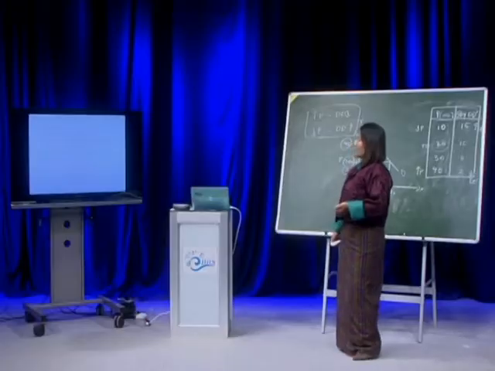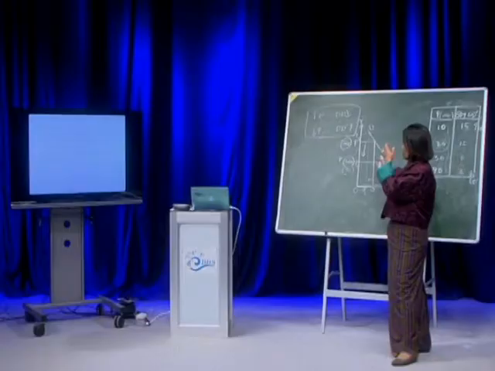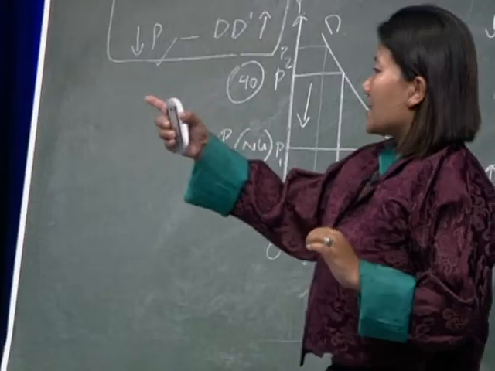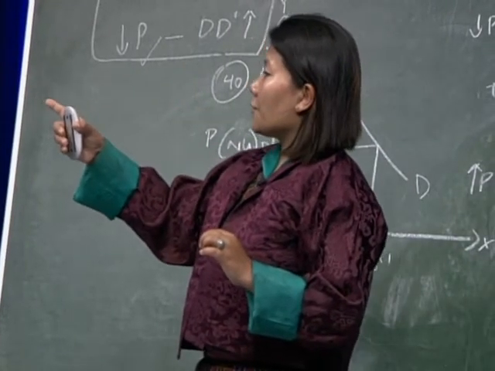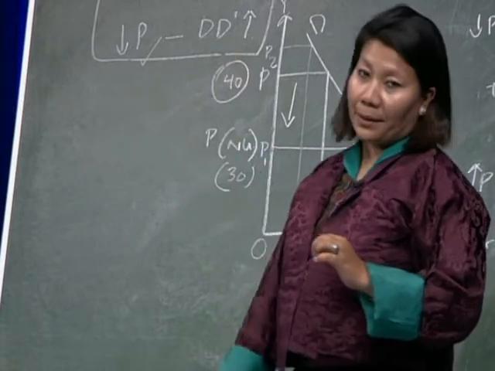It is based on the idea that as price rises, consumers replace more expensive items with cheaper substitutions or alternatives, assuming income doesn't change. So substitution effect is another factor which leads to the downward sloping of the demand curve. Example, if price of your favorite pen increases, you will have to go for a cheaper pen.